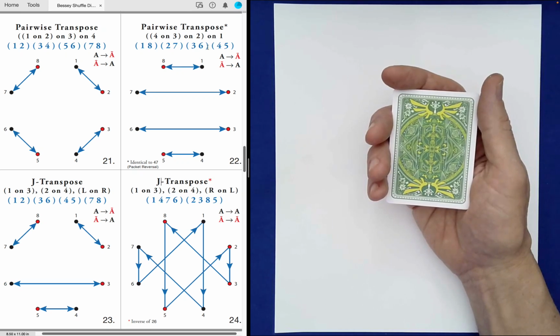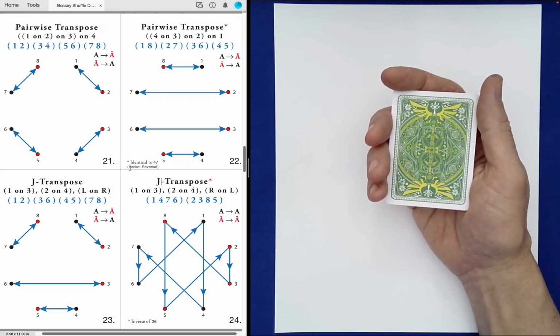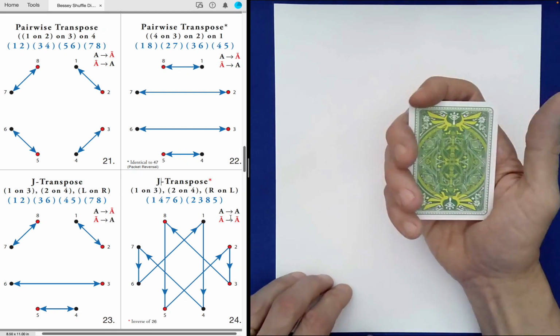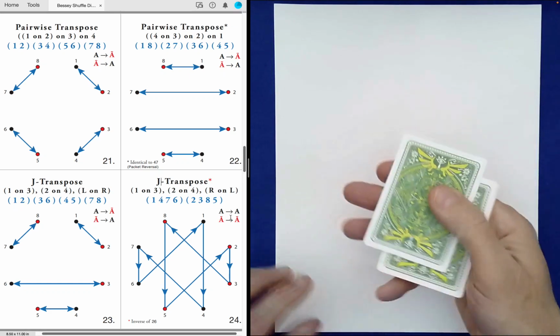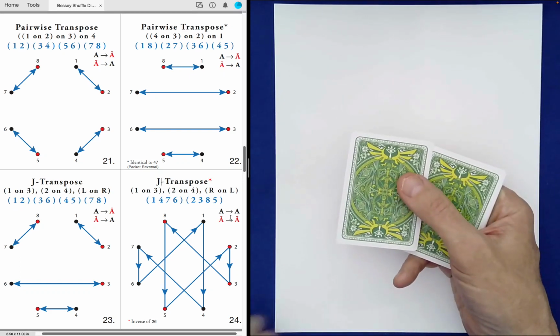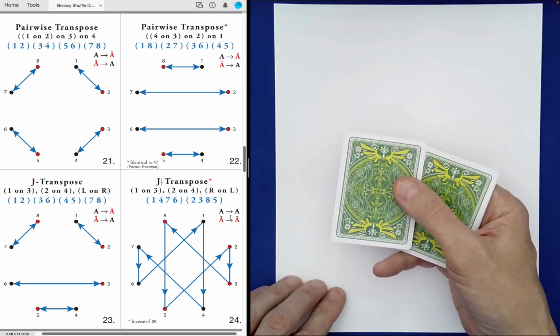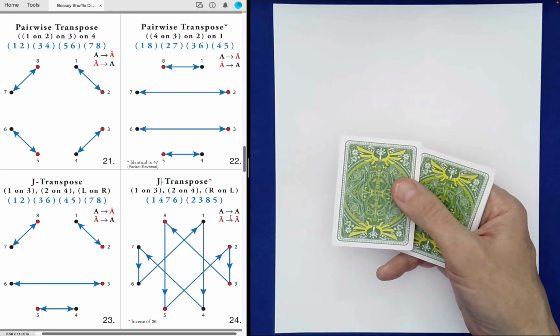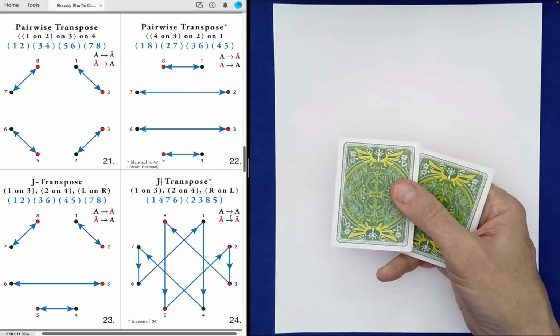This one does as well, number 22. 23 does as well, but 24 does not invert it. At this point you can perform as many of these pairwise transposes as you like. So maybe we'll just do a couple just to show you. Maybe we'll do 24, which doesn't invert it, and then we'll do one that does.